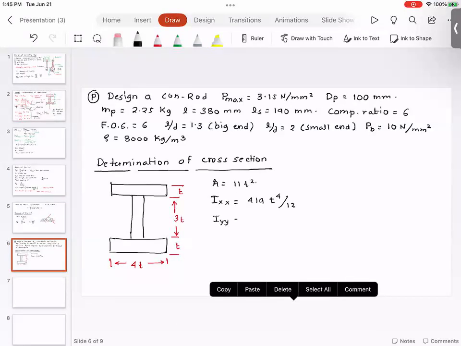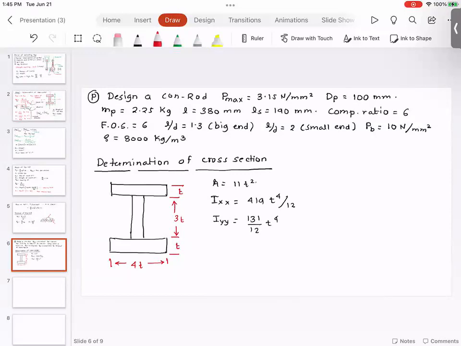Iyy is 131, and the ratio of Ixx to Iyy is 3.2.